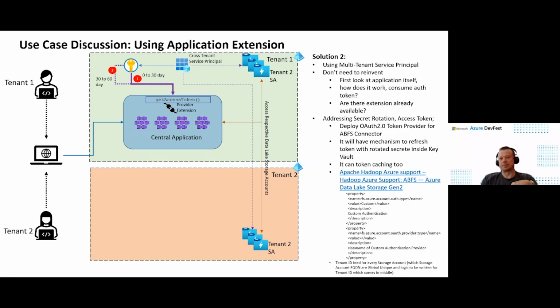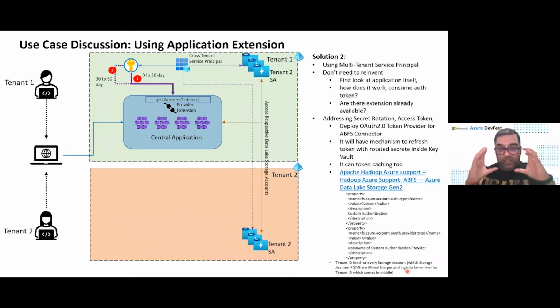Back to you, Akash. Yeah, so like Charles mentioned, there are ways you can access multi-tenant, which we have shared, multi-tenant apps and all. Don't try to reinvent the wheel. Most of the time there are application samples already available, so look into that. Do you have any extension token? Because as I mentioned, the important part is that the tenant ID still needs to be fed in for every storage account.